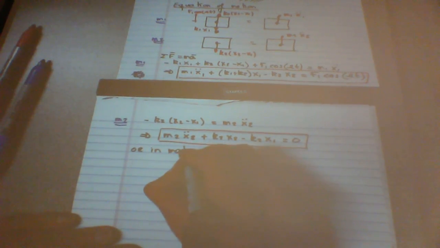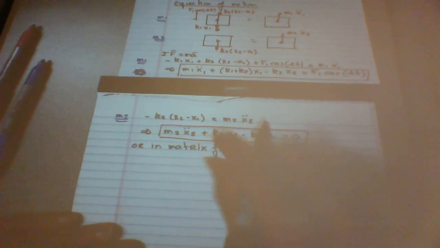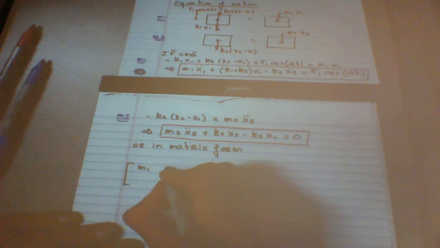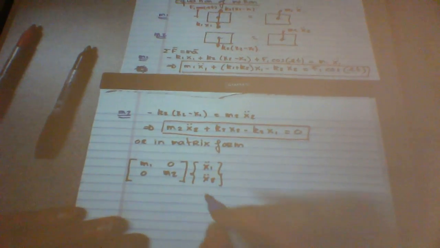So we combine those two equations in matrix form. What do we get? No coupling in the mass matrix.